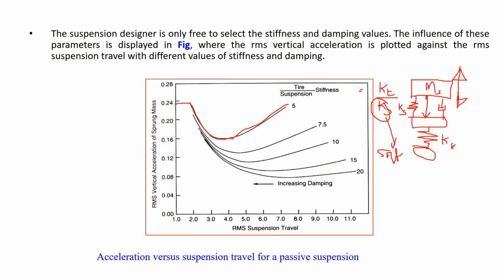So for a given tire stiffness by suspension stiffness, probably the lower vertical acceleration you can find in this region. The lower the vertical acceleration, the better. The reason is the force transmitted to the occupant: if you want to find it, take the mass of the occupant and the acceleration it is subjected to.